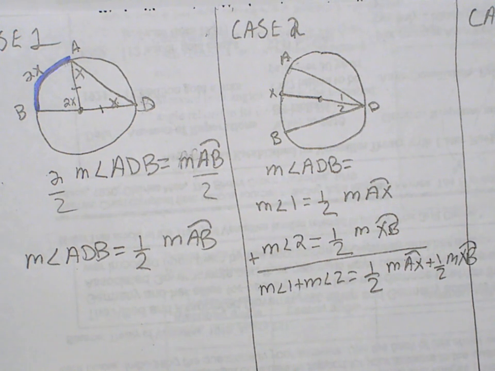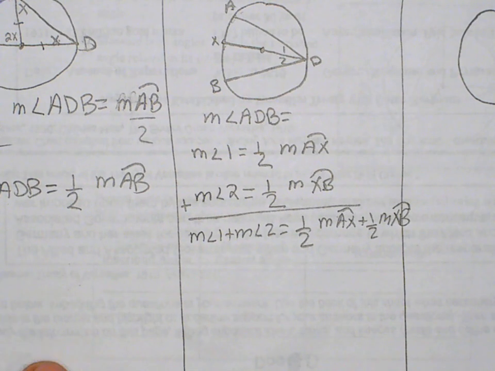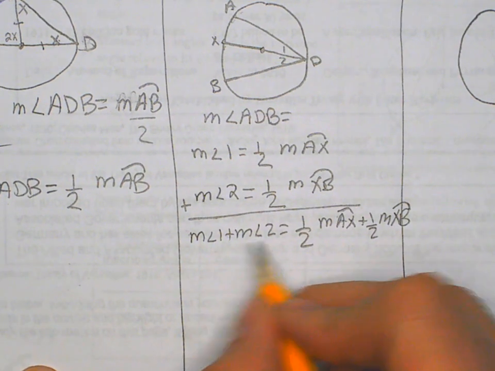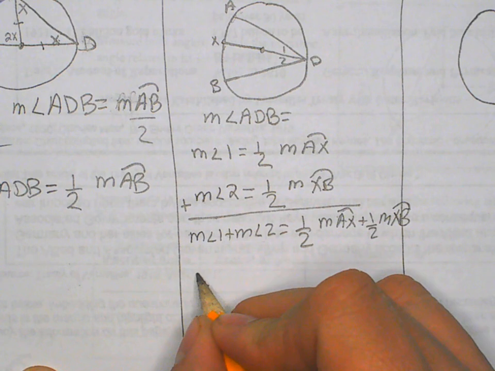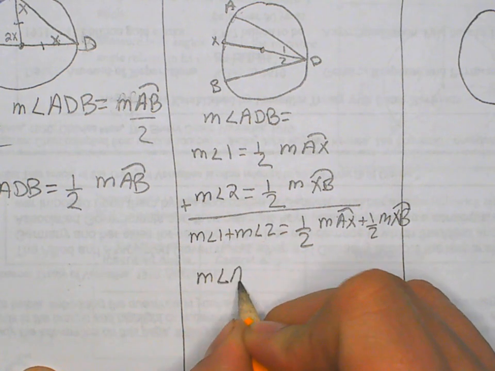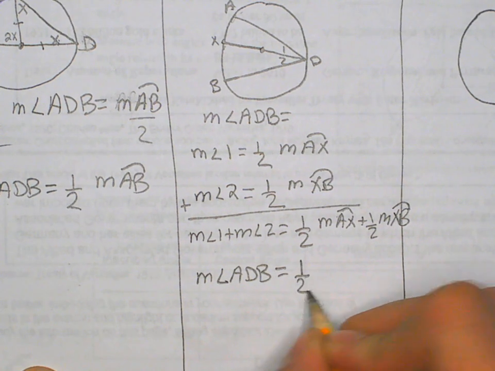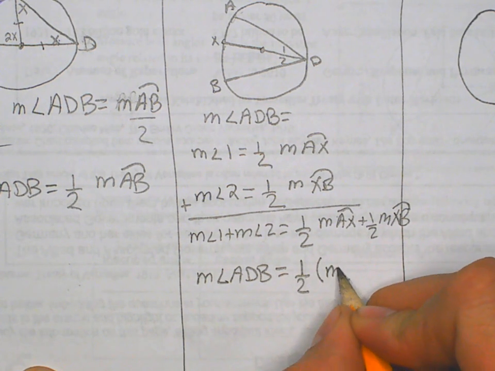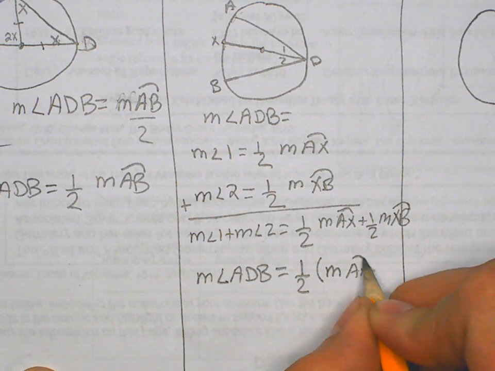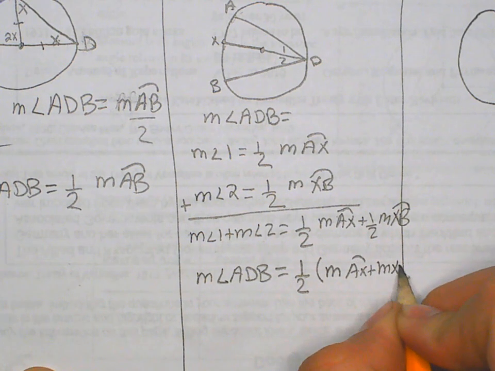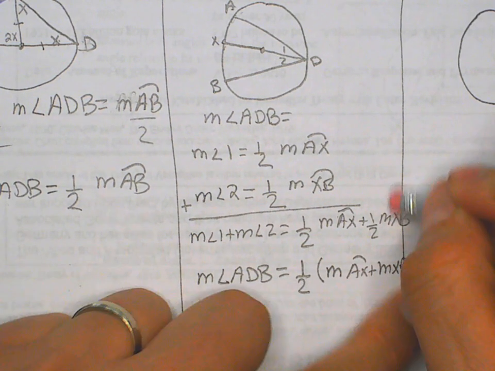Okay? So now both of these, angle 1 and angle 2, are actually going to make up the measure of angle ADB. Now I'm going to factor out a 1/2 here, and I'm going to simplify this part right here.